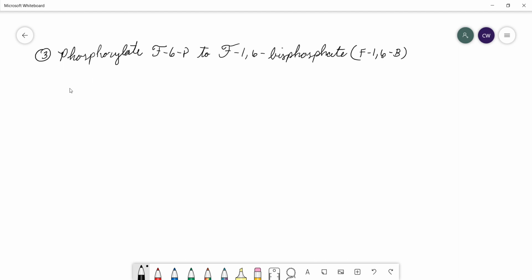So we take our fructose 6-phosphate, and if you are writing all these reactions down in your notes, you will very quickly come to remember all the structures for those monosaccharides that I wanted you to learn.